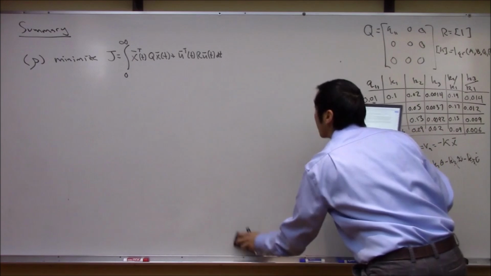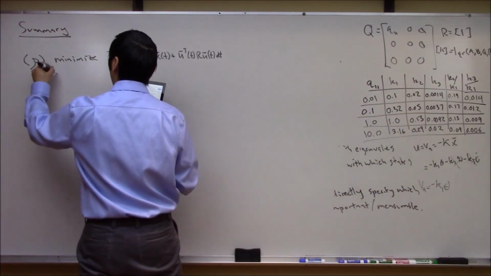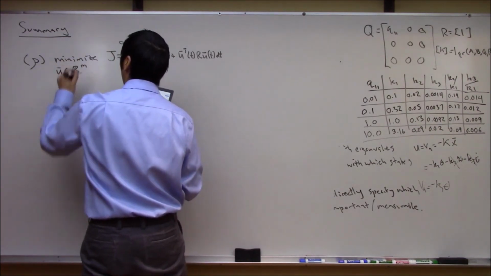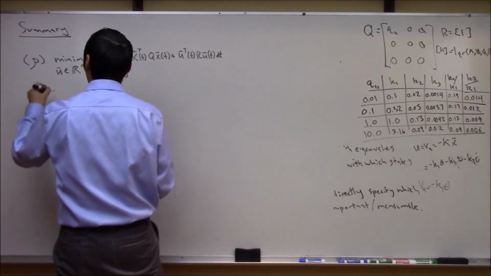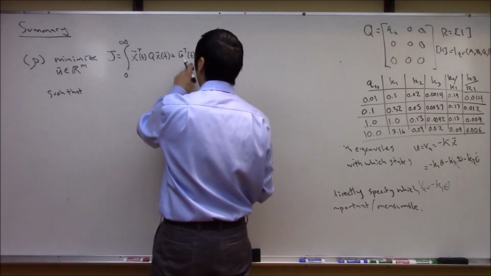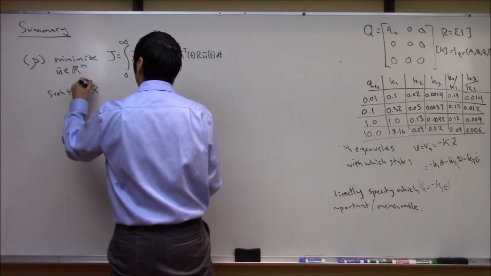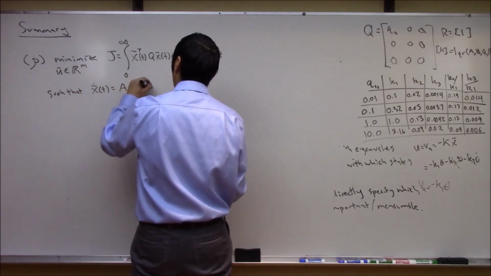Okay, so we were minimizing this, and at first we were thinking about any control law, right, your control can be anything, but then we had to impose a constraint here that really your x's and your u's are not completely free. They're coupled together, and the way they're coupled together is just our linear state transition equation.